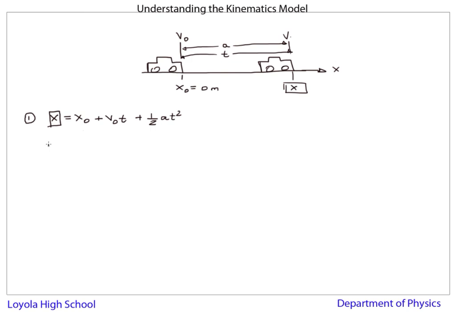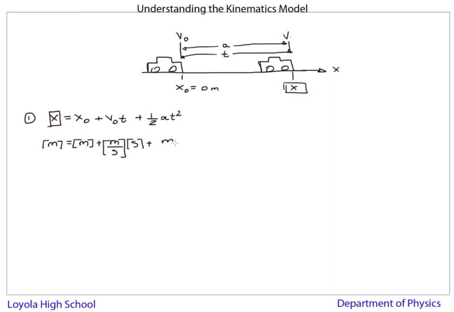Unit-wise, and I'm going to use the SI metric system, x is in meters, x0 is in meters, because it's a displacement. Velocity is in meters per second. Time is in seconds. Any number, like 1/2, has no units. It's a unitless number.